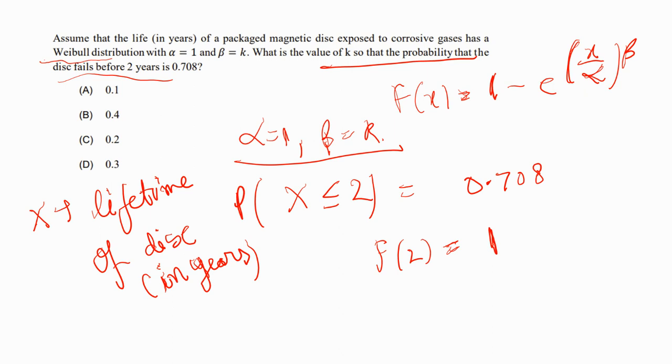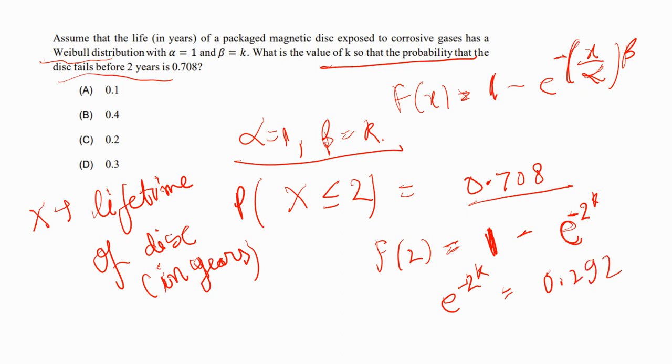Now F(2) will be given as 1 minus e to the power minus 2 to the power k, okay, x is 2, alpha is 1, beta is 3, and it is equal to 0.708. So e to the power minus 2 to the power k is equal to 1 minus 0.708, which is 0.292.